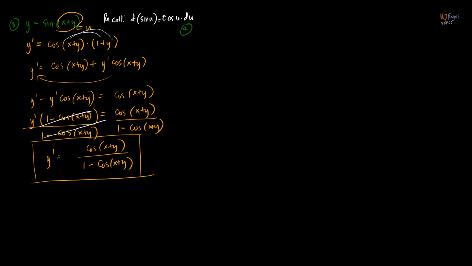Another example involving trigonometric functions: sine of x plus y plus sine of x minus y equals 1. So we have to find y prime again. We differentiate both sides of the equation with respect to x.